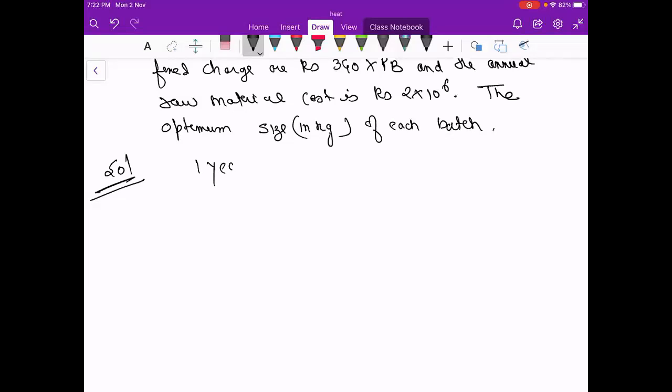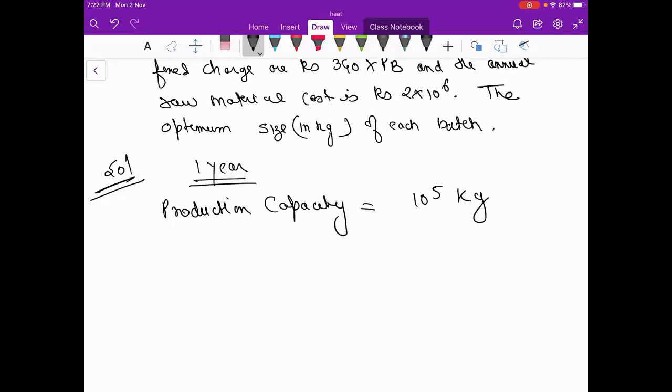So for 1 year, we will be calculating everything. Okay, so production capacity equals 10 to the power 5 kg. We can calculate the number of batches: 10 to the power 5 upon PV.